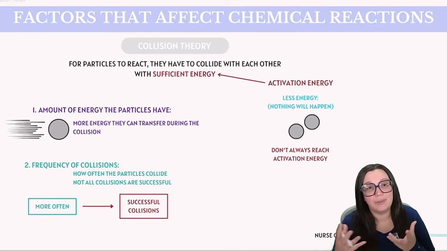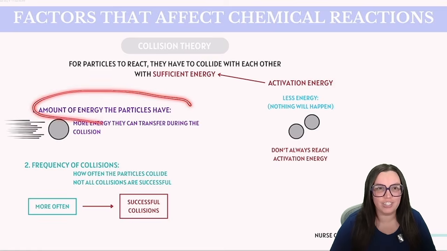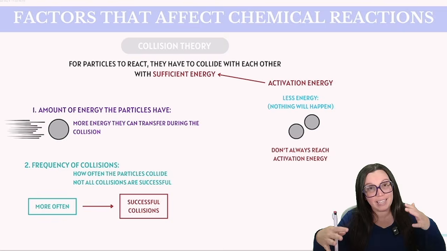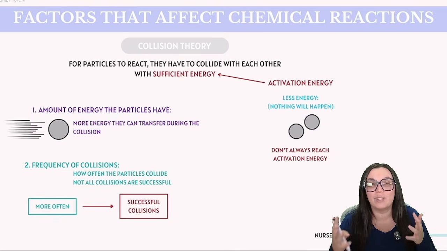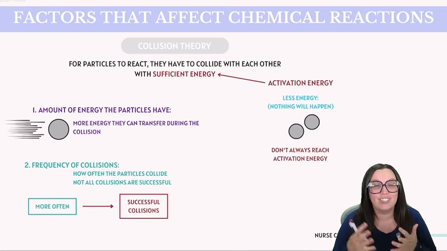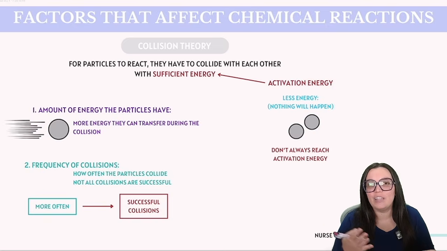Therefore, when considering a reaction involving countless particles, the reaction rate at any given moment hinges on two key factors. Firstly, we have the energy level of the particles. When you think about it, higher energy increases the likelihood of surpassing the required activation energy during collisions. And then secondly, we have the frequency of collisions. So the more frequent these collisions take place, the higher the probability of successful reaction, even if not all collisions meet that activation energy.